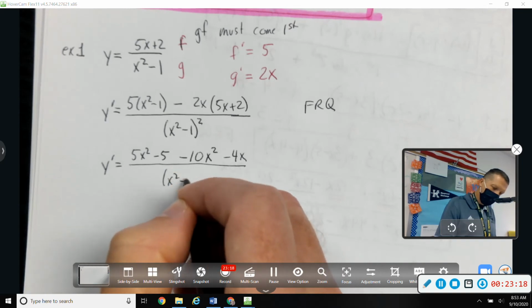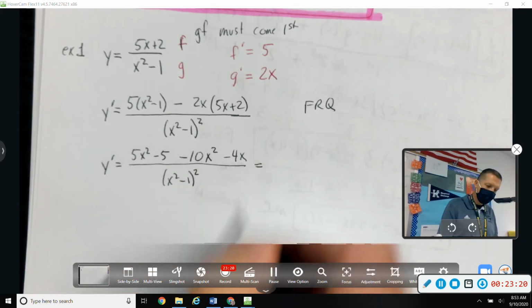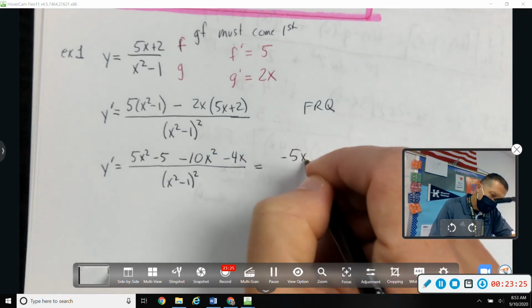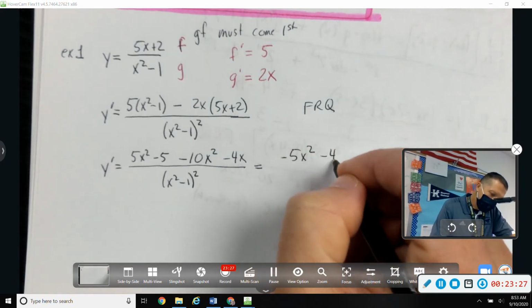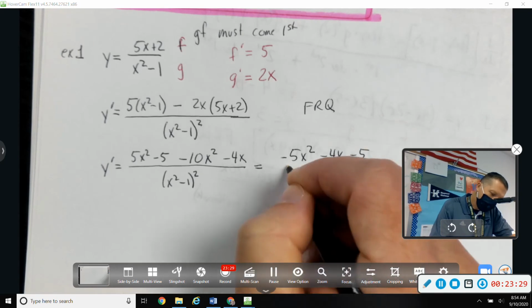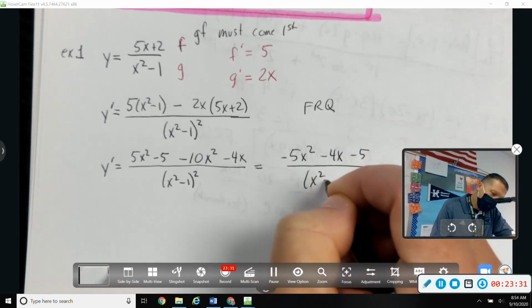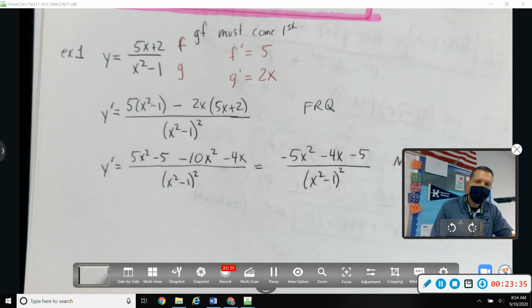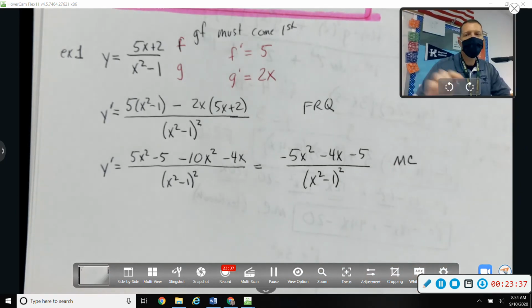And I'm not going to FOIL the bottom. I'm just going to leave that alone, but I can clean up the top a little bit. Negative 5x squared minus 4x minus 5 all over x squared minus 1 squared. So there's your textbook multiple choice answer.